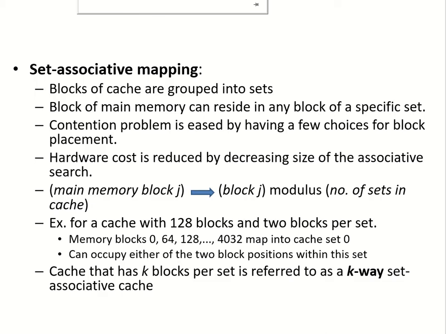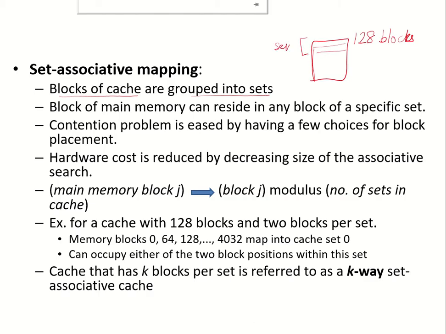Here blocks of the cache are grouped into sets. Suppose there are 128 blocks in the cache, and each set is going to have 2 blocks, that means 2 blocks will belong to one set.